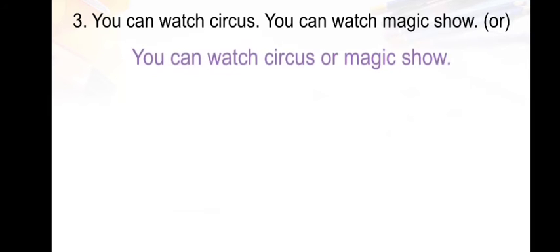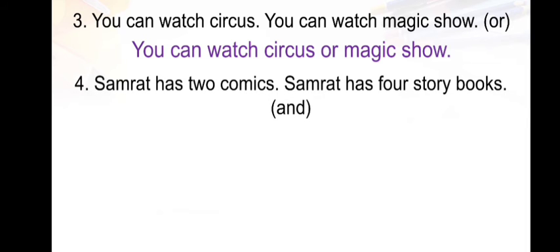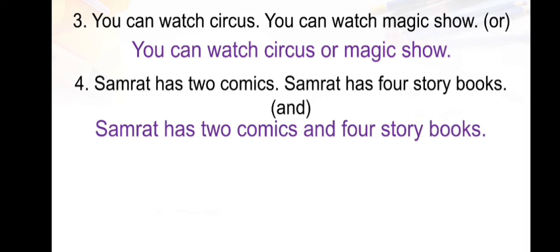So the answer is you can watch circus or magic show, because here those sentences show the options. That's why we have merged these two sentences. The next sentences are Samrat has 2 comics, Samrat has 4 story books, and the given conjunction is and. The answer is Samrat has 2 comics and 4 story books.